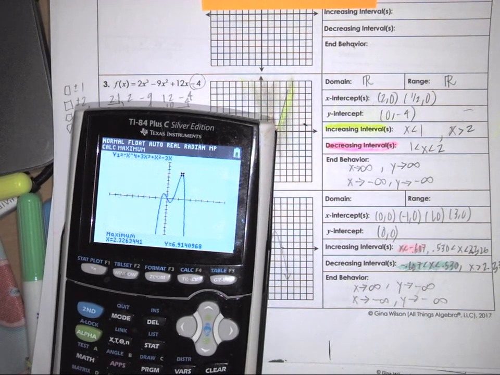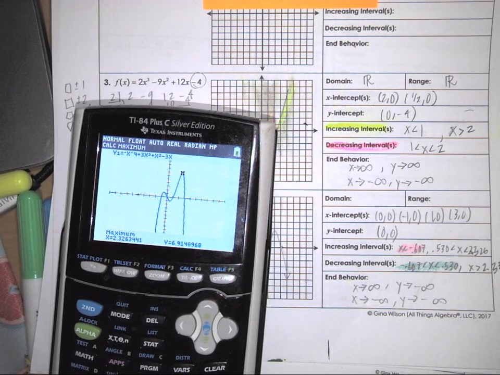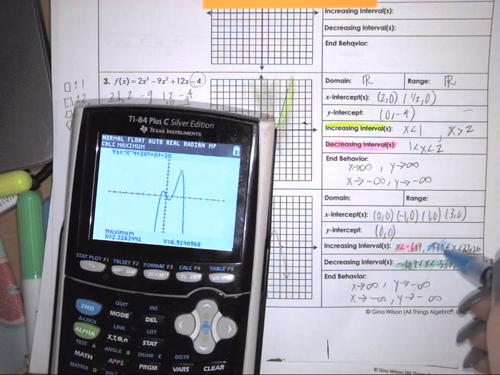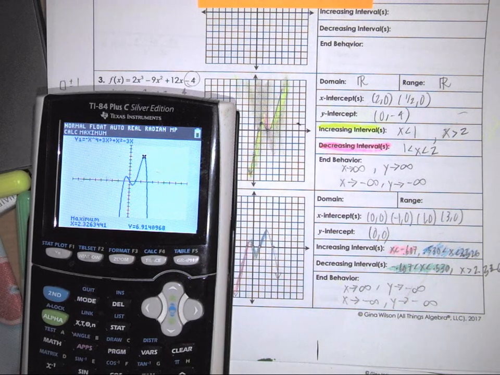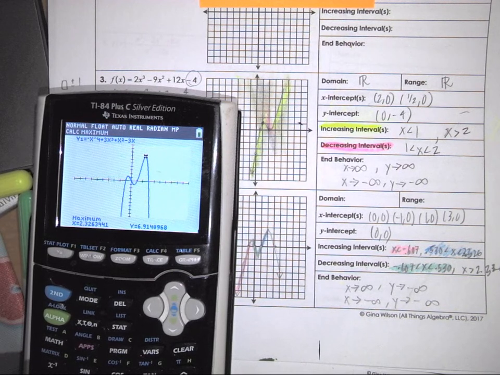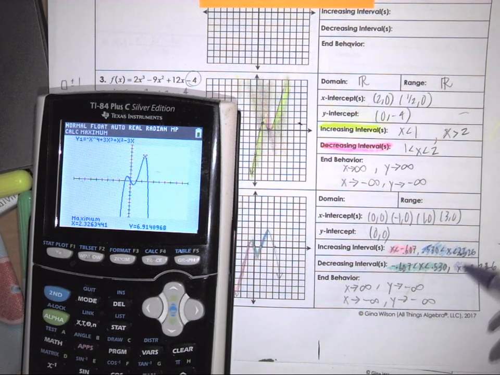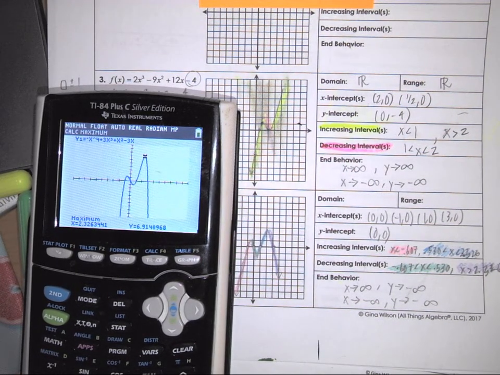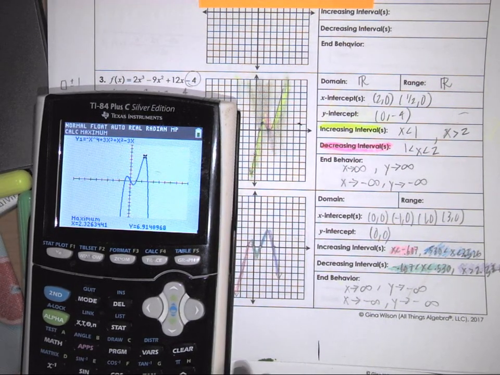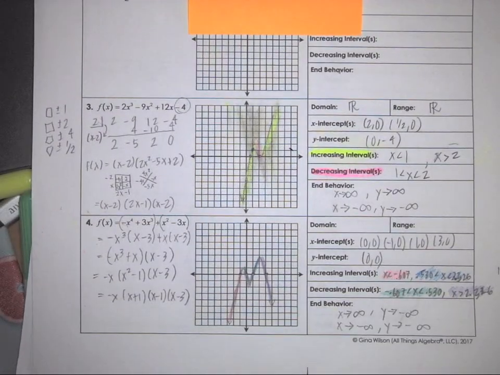Okay, so this increasing interval is like here, and this decreasing interval is here. So there you have it.